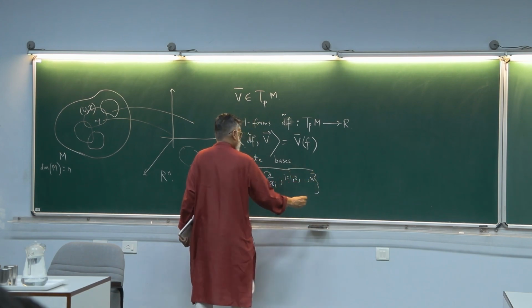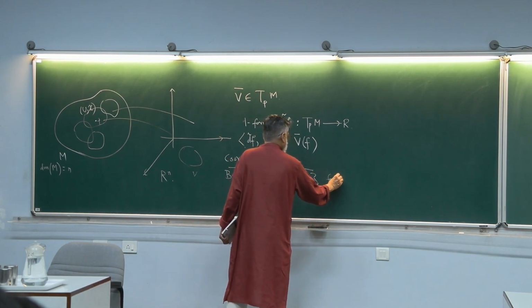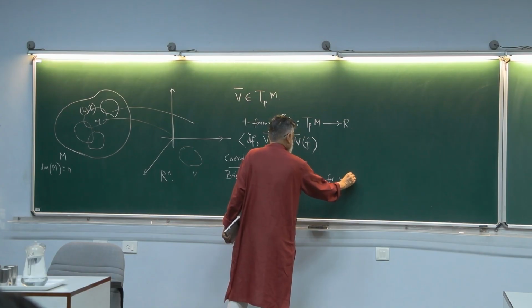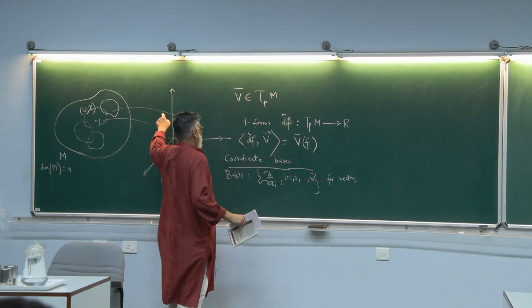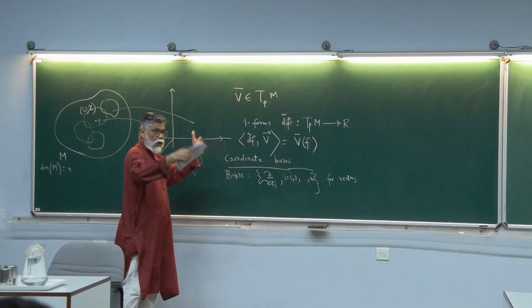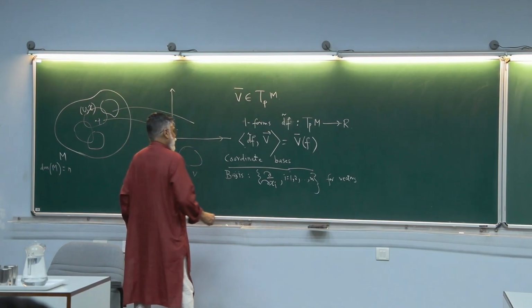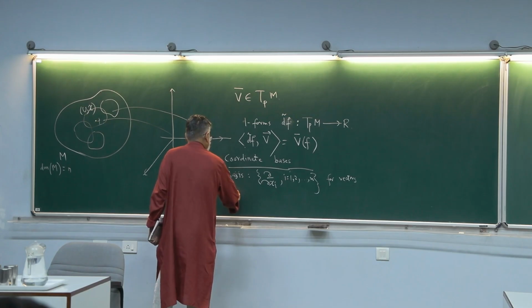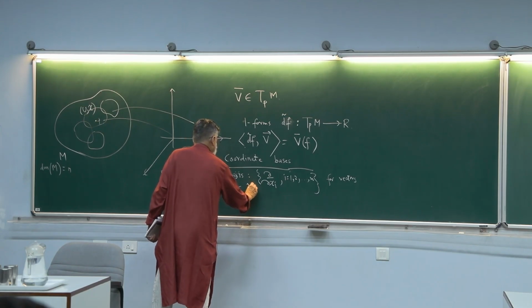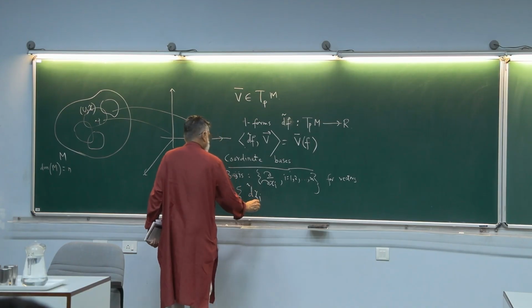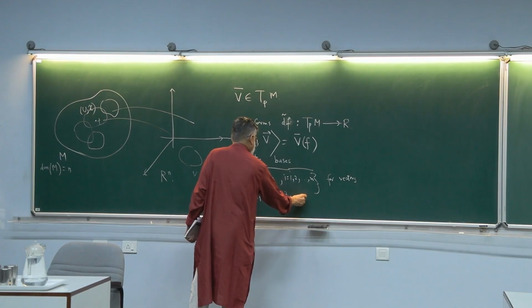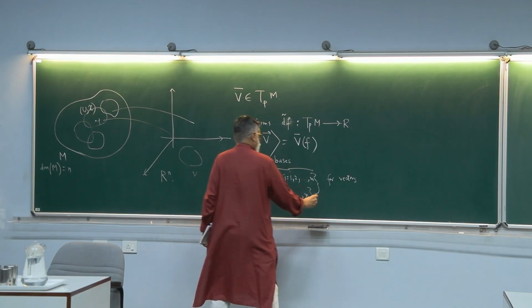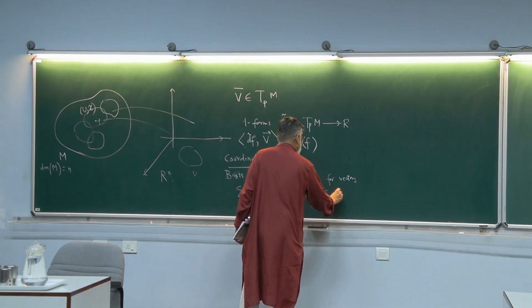This is the basis for vectors. Remember, these vectors are all at a given point, because now we are going to talk about vector fields. And similarly, the basis d of x i, again i going from 1 to n, for the one forms.